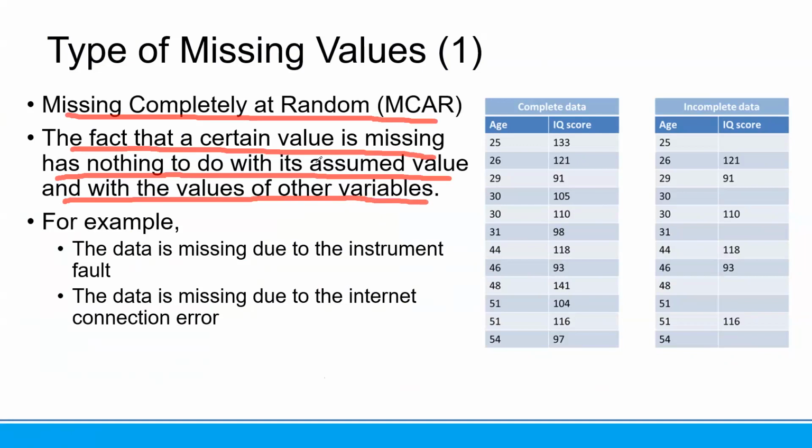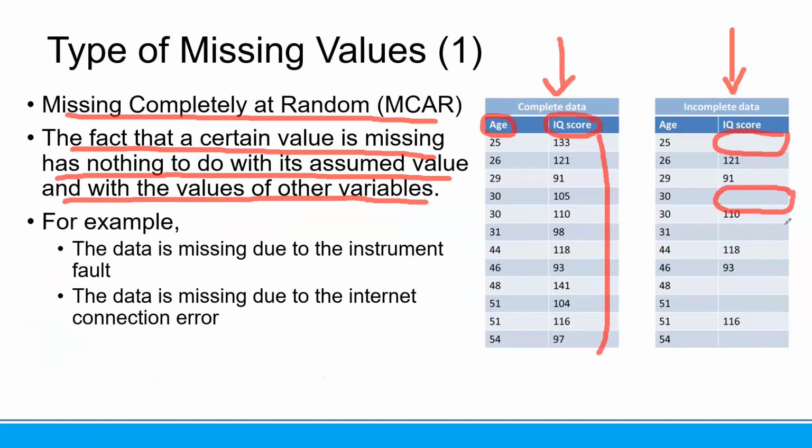Maybe it is too long to make you understand. So let's see, this one is the complete data. And this is the incomplete data. If you look at the age, this is the column of age, and then this is the column of IQ score. So all data are completed here. But in the incomplete data, here is missing. Here is missing.